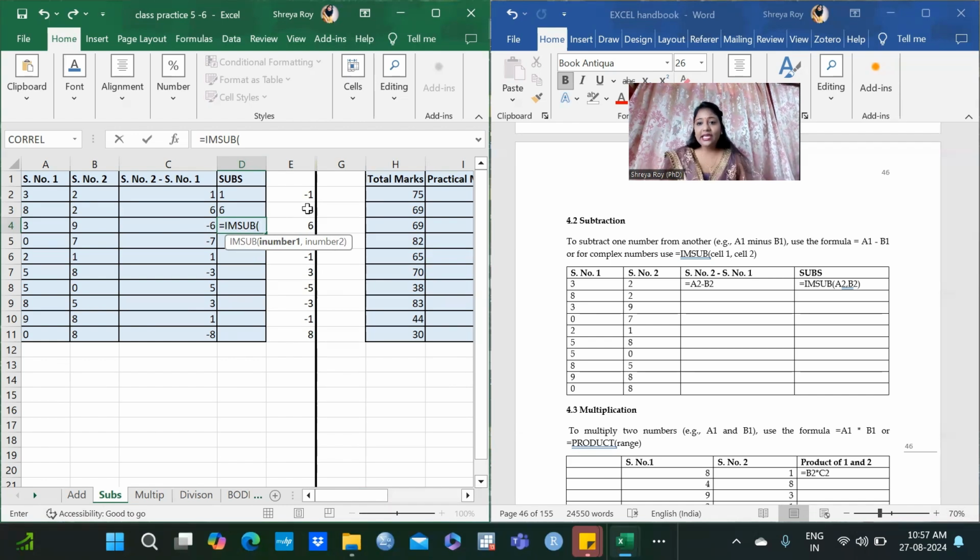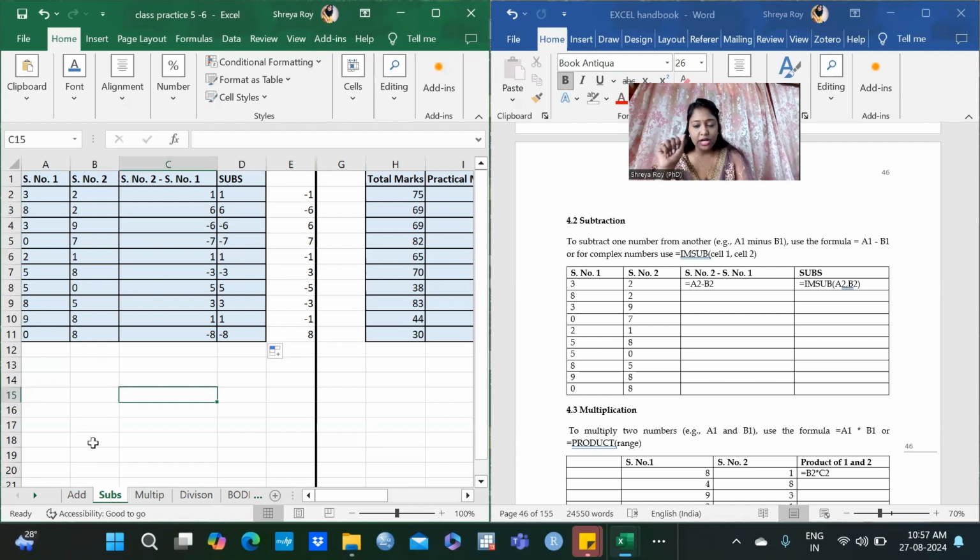So it is very easy. If you say that I am not able to recall the commands, it's okay. Even if you remember a little bit and type it, it gives you a list, you select it, and then it gives you instructions what you're supposed to select next and what you're supposed to type next. So here selecting this number, comma, this number, close bracket, and enter.